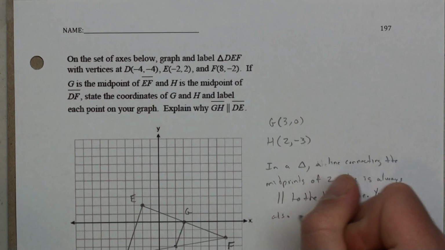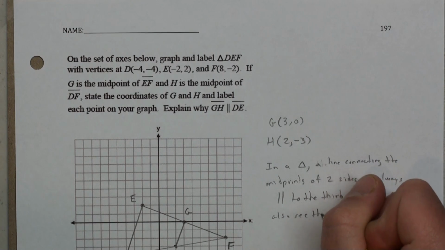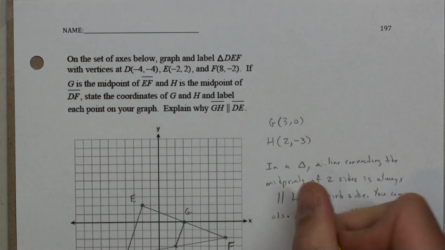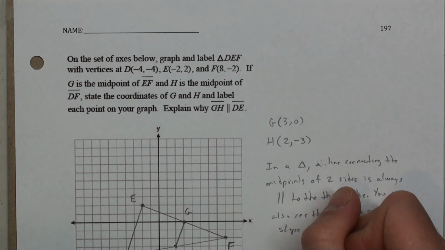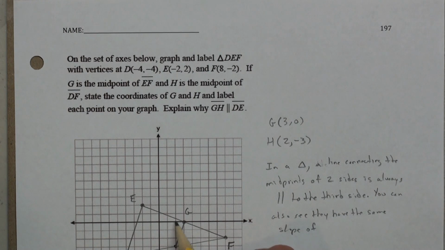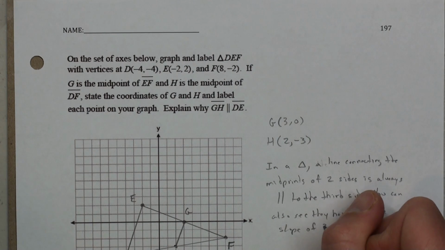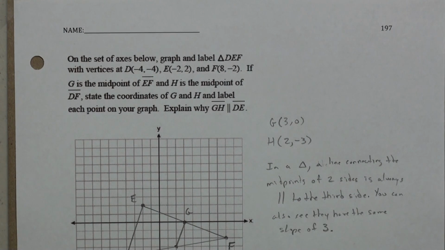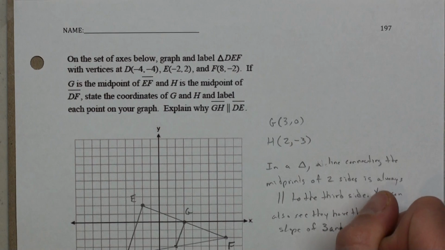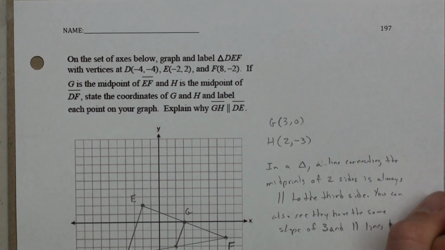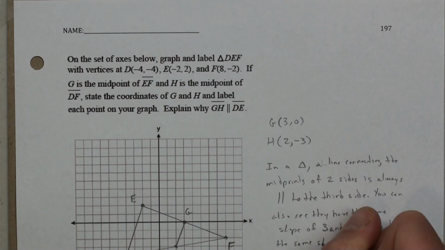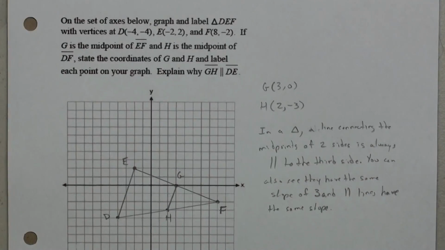You can also see they have the same slope of 1, 2, 3 over 1 of 3. And parallel lines have the same slope. Okay?